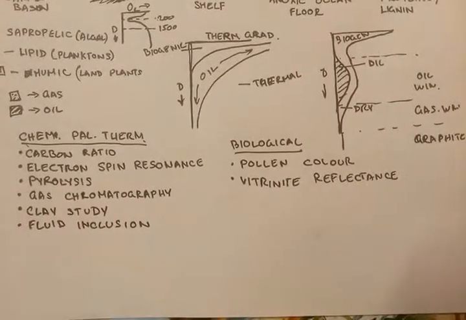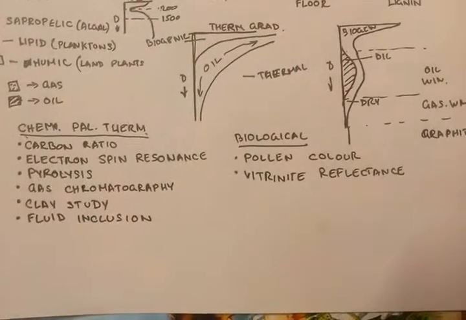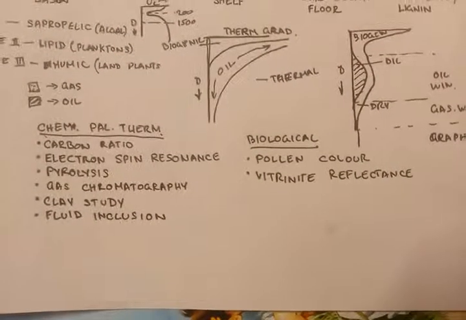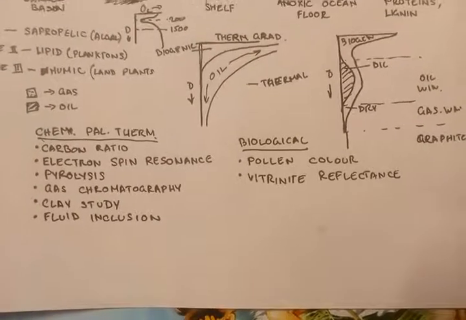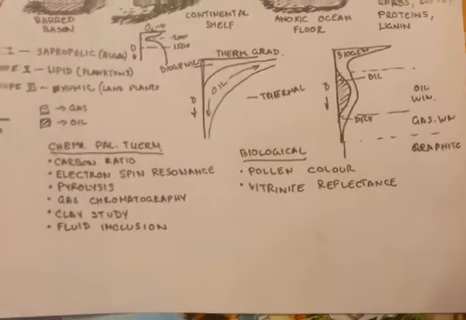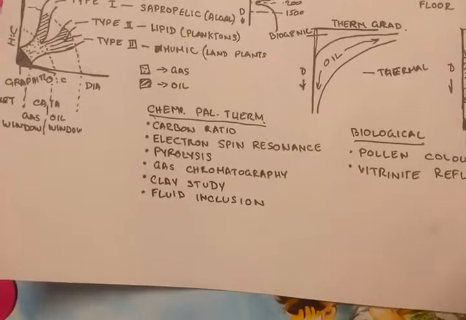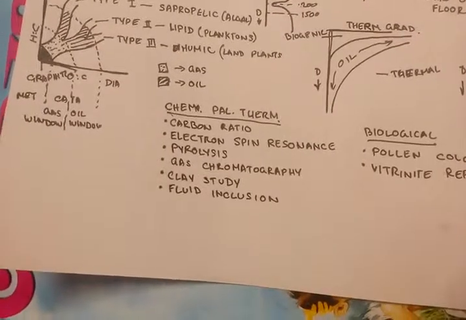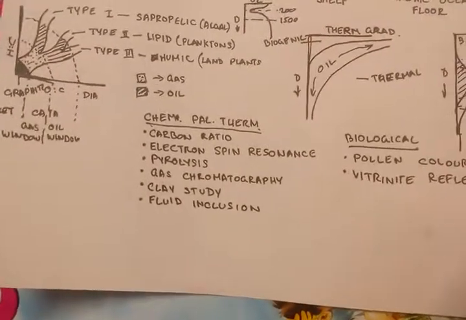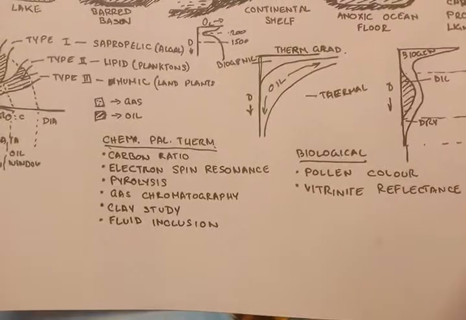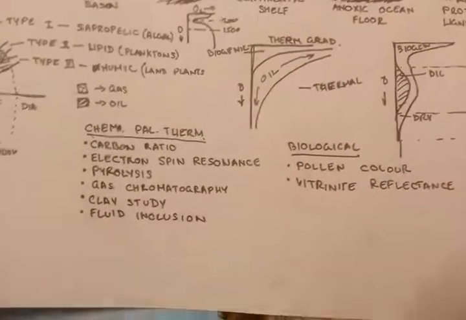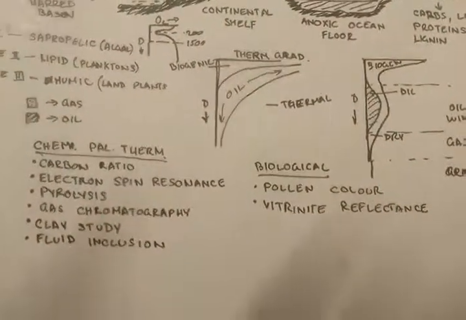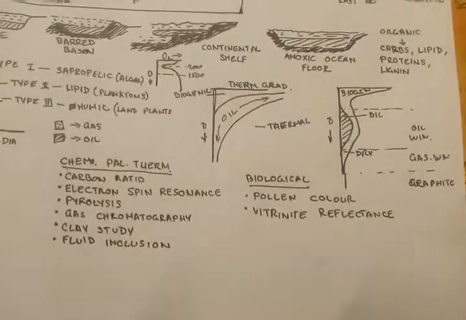The vitrinites from the oils are extracted using acid treatment, mounted on a slide, and the reflectance is checked. So based on that, the maturation of the oil is calculated. So this is about the formation of the kerogen and maturation of kerogen.